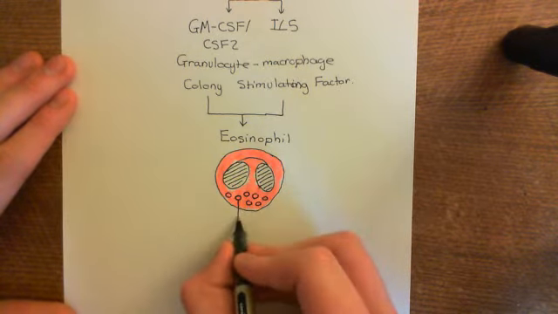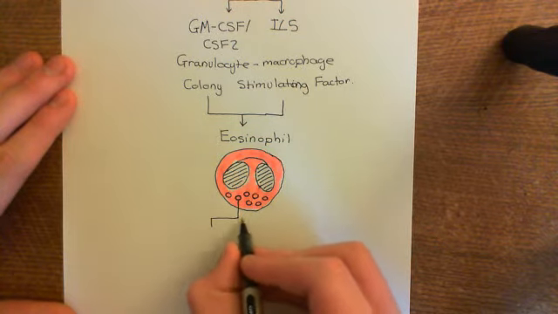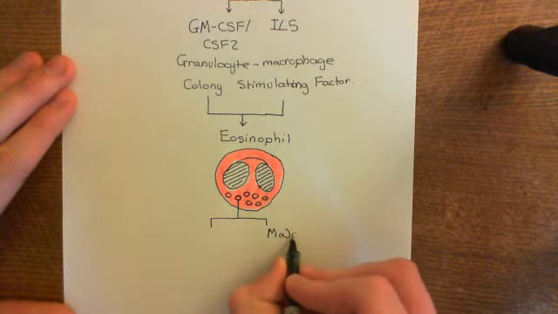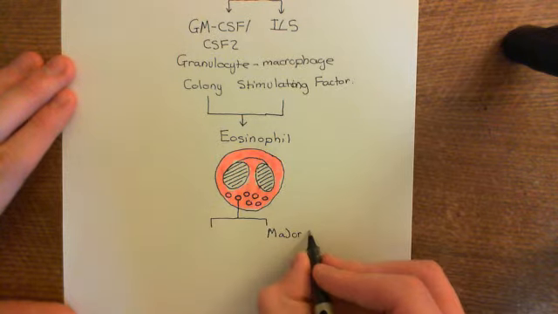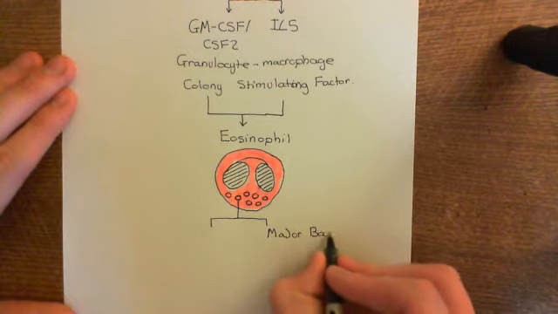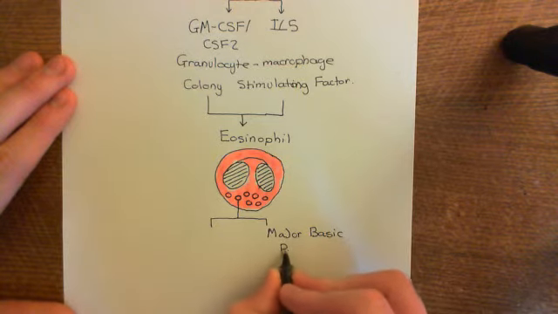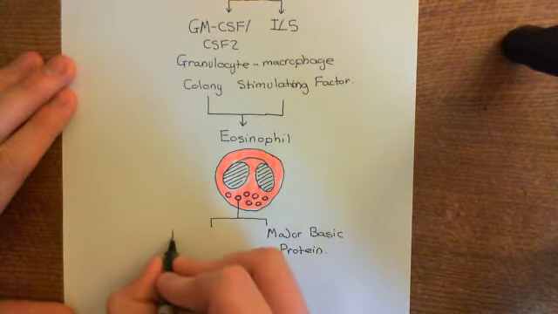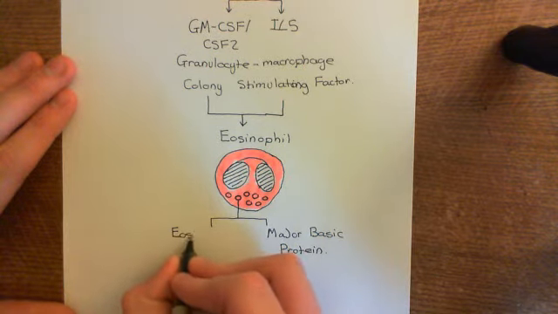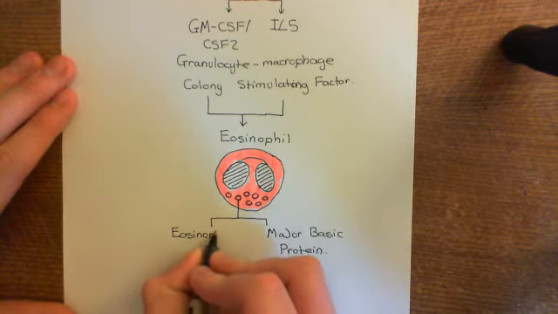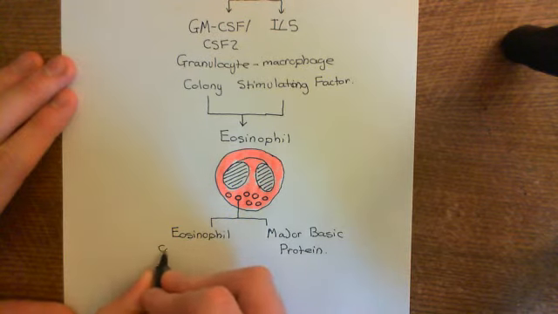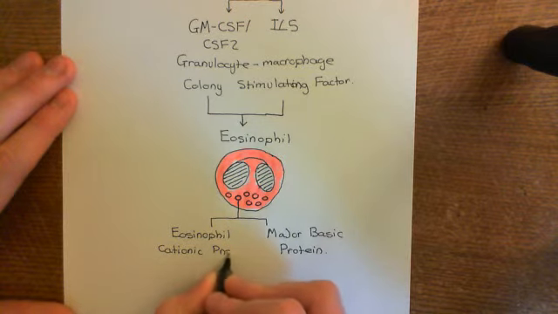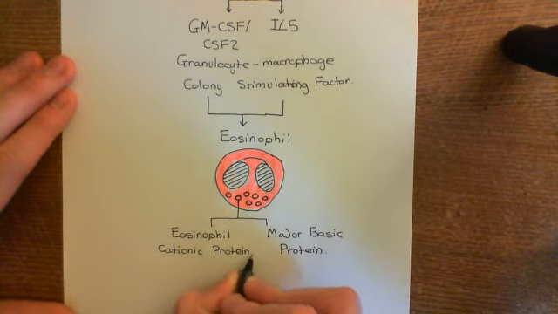And the molecules that are within these granules, let me give you their names. Okay, so there are 2 major proteins within these granules, and one is known as major basic protein, which is also often abbreviated to MBP. The other is known as eosinophil cationic protein, which is often abbreviated to ECP for short.